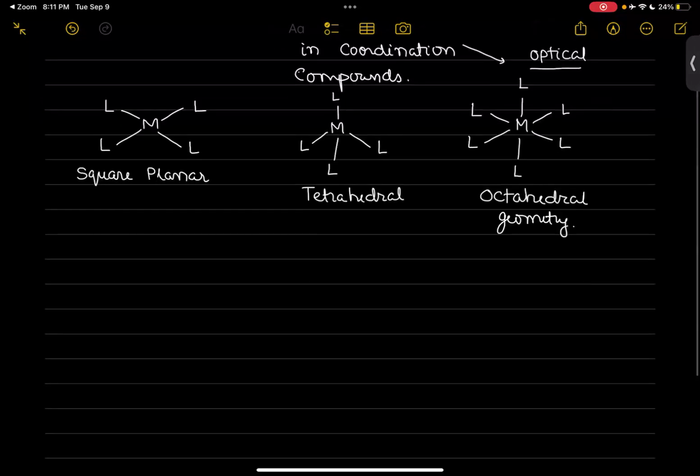And square planar complexes, tetrahedral, it cannot show geometrical isomers. Can you tell me why? Who all can show geometrical isomers?